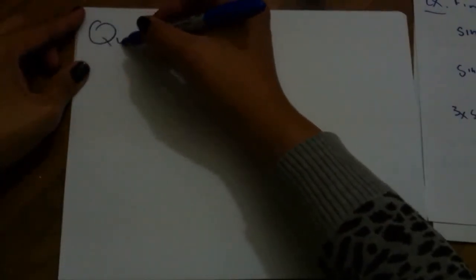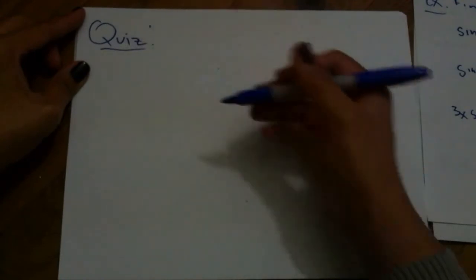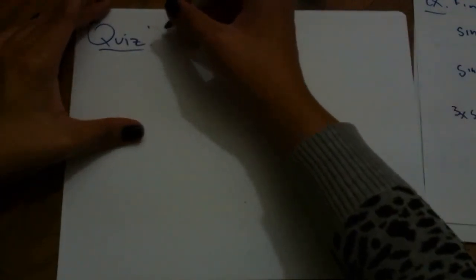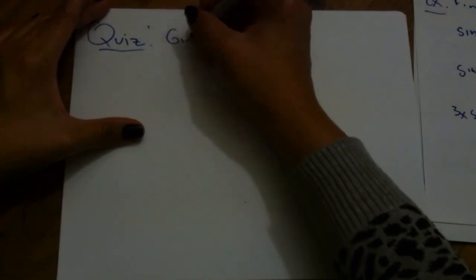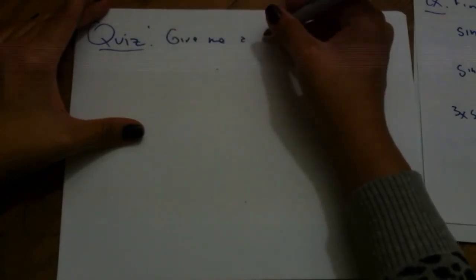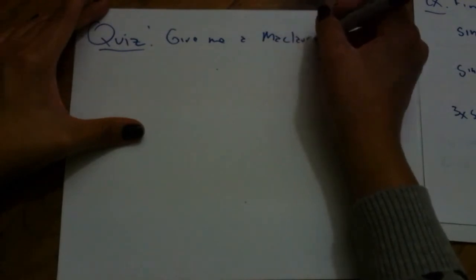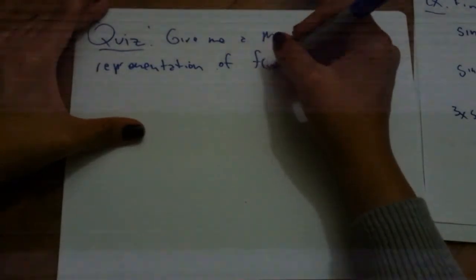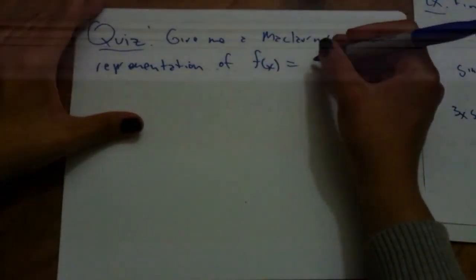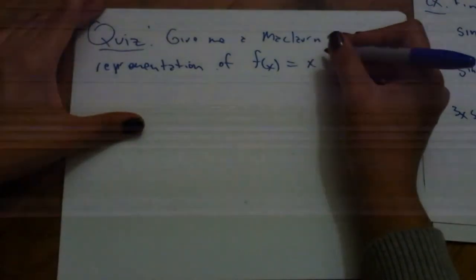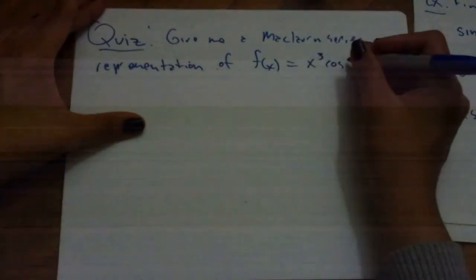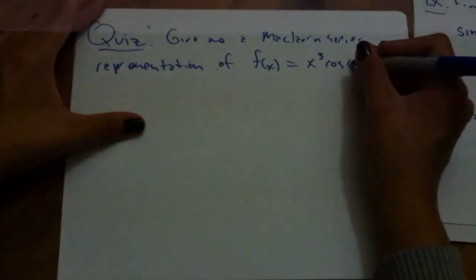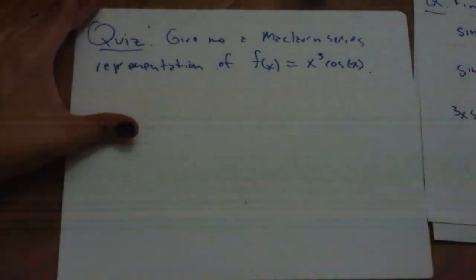What I wanted to see from you guys next time we run into each other is the following quiz. Let's see if you guys can give me a Maclaurin series representation of the following function: x cubed times cosine of minus x.